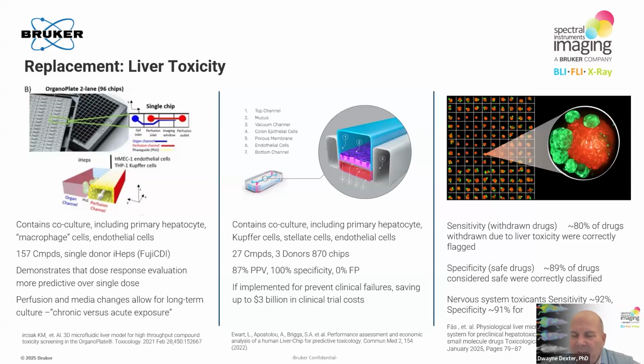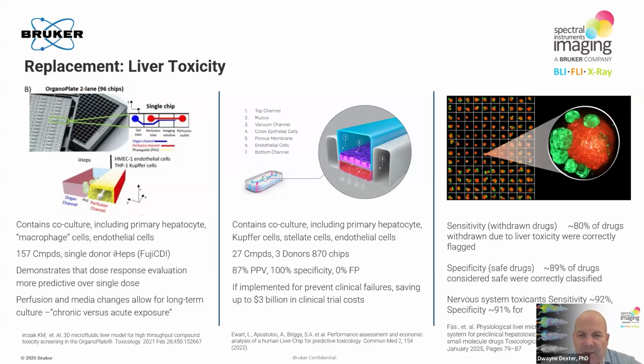But what's interesting is it had a very high predictive value for compounds that were targeting the nervous system. So an interesting little caveat within this study is that it had a very high predictive value for a particular class of compounds. And the center study is a study from Emulate, where they used their organ on a chip.